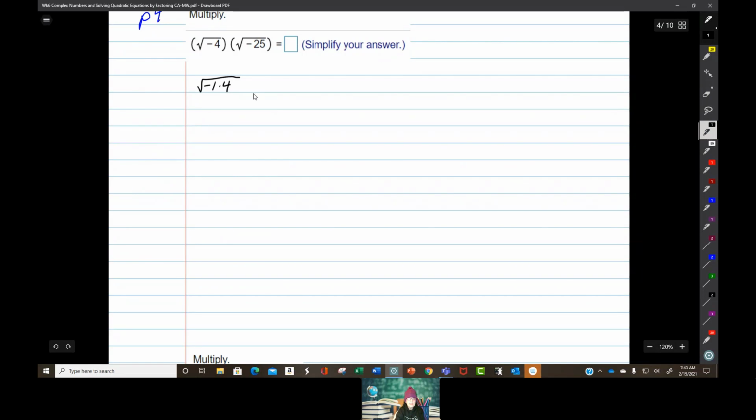The square root of -1 times 4 times the square root of -1 times 25 equals the square root of -1 times the square root of 4 times the square root of -1 times the square root of 25.